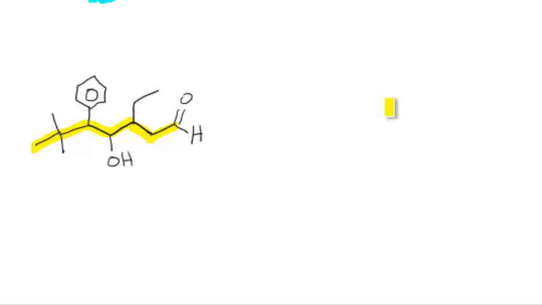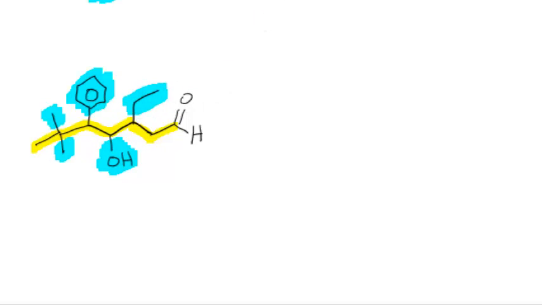Our substituents off of this parent chain, like we said, is the benzene ring, a couple methyl groups over here, the hydroxy OH, and then what appears to be an ethyl group as well.